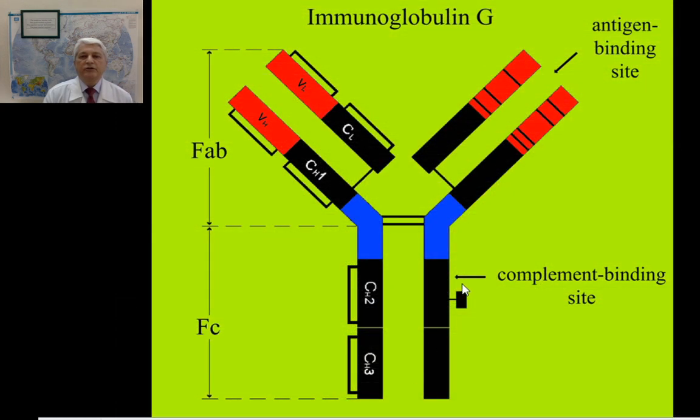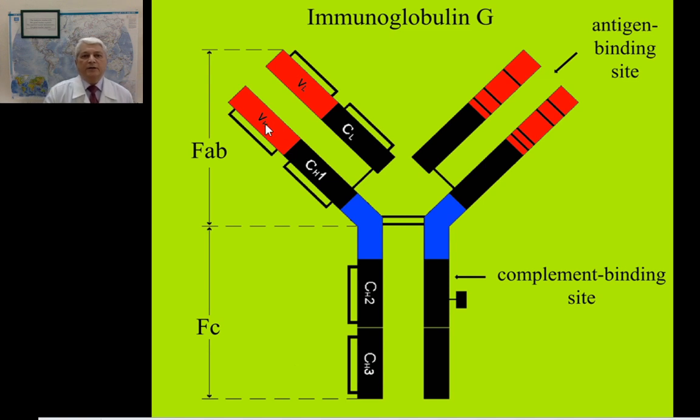Yes, they are shown here, this small black quadrate, and they also interact with the CH2 domain. It is shown here from the outside, but normally, as you have seen on the first drawing, this molecule is more complicated than this scheme, and this carbohydrate is situated between two CH2 domains.